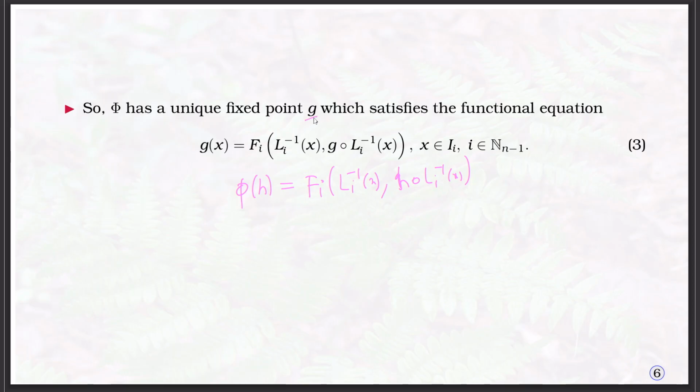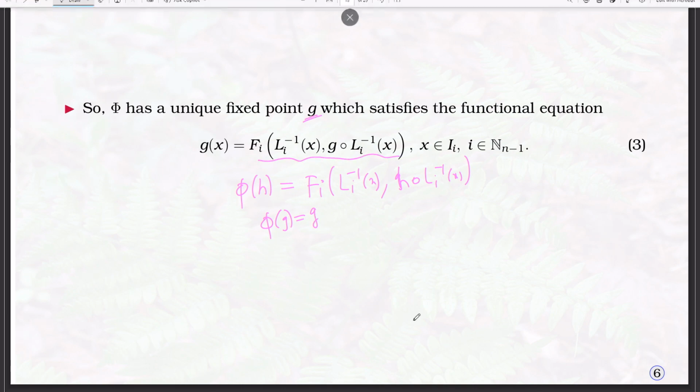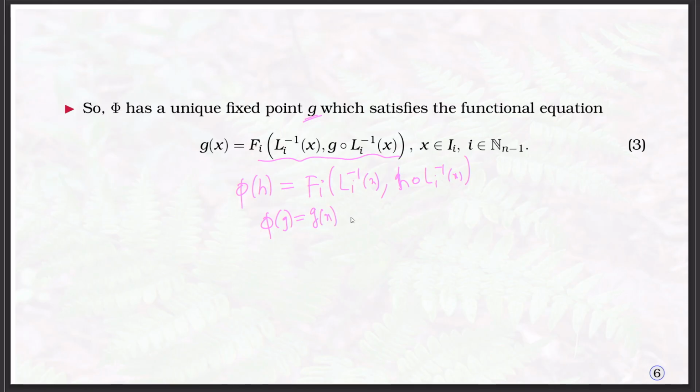Since phi is a contraction on G, it has a unique fixed point g. That means phi of g we can write as g, so that g of x can be written in this form: g of x equals F_i of L_i inverse of x comma g composition L_i inverse of x.